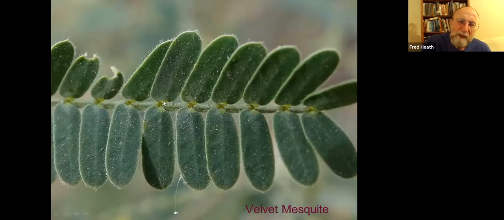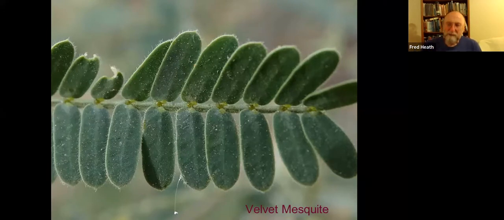This is a new leaf on a velvet mesquite, a fresh one, and that's sweet sap. When I found out what the reason for that was, the mesquite puts that out to attract ants. The ants like the honeydew, but they also then eat any caterpillars or anything else they find and protect the velvet mesquite. So I thought, well, maybe that's what this grass was doing.